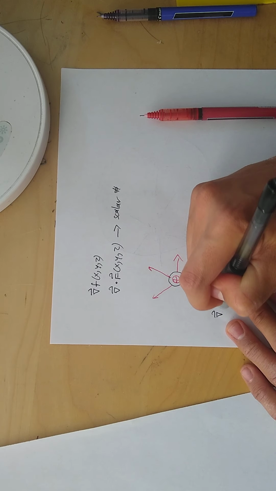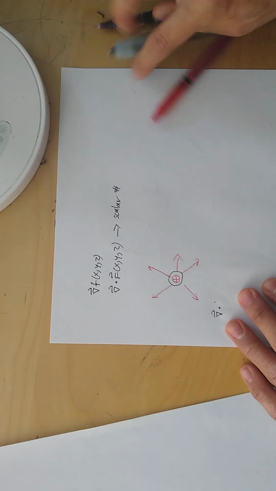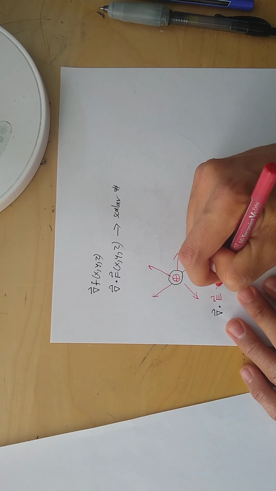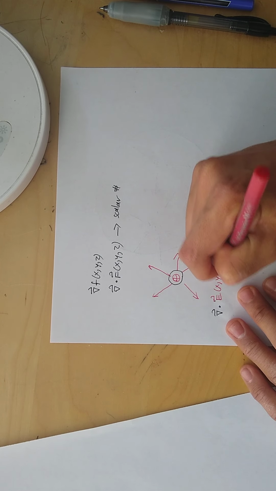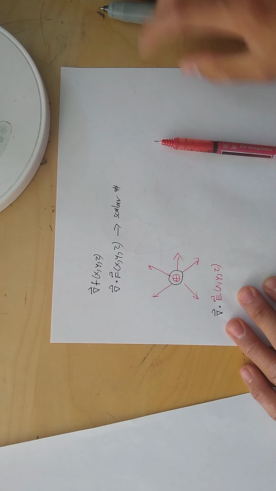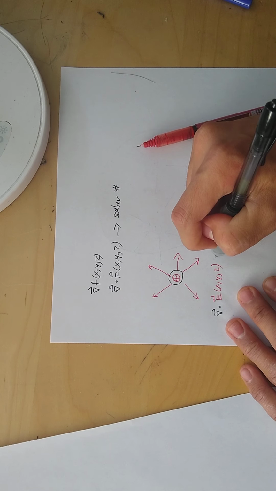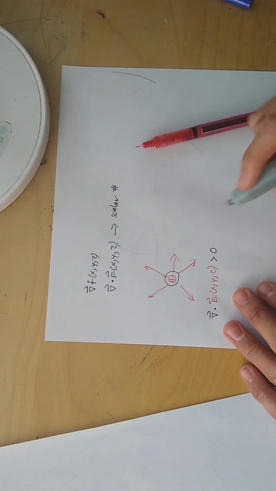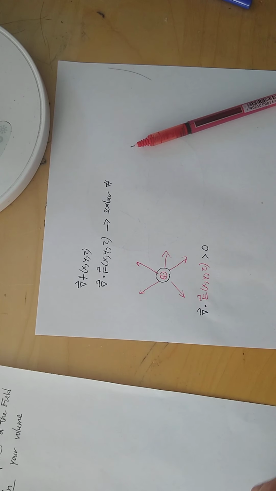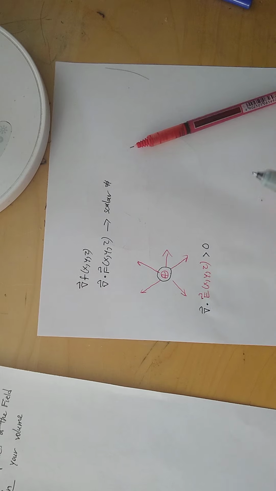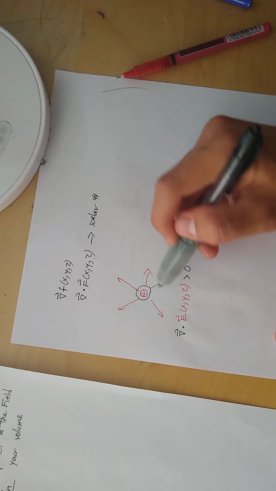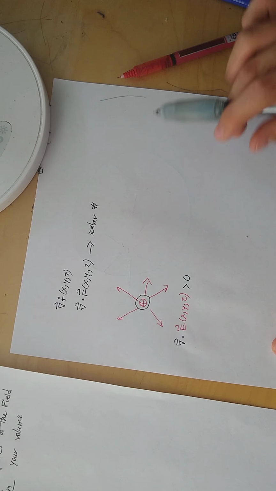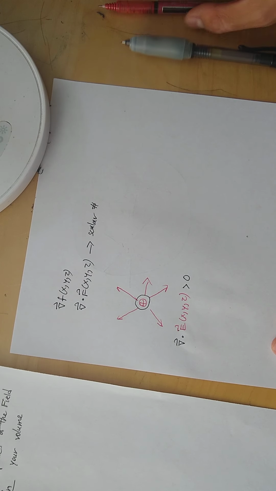So del of your electric field here, x, y, z, would return a number greater than 0. Now, the field is actually in 3 dimensions, but I'm just drawing 2 dimensions for simplicity.